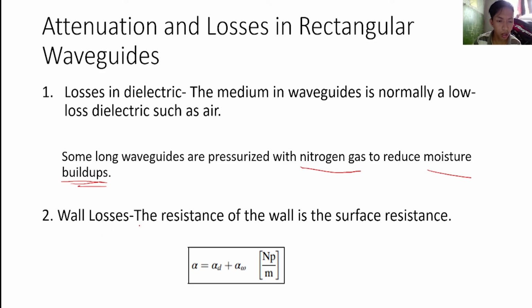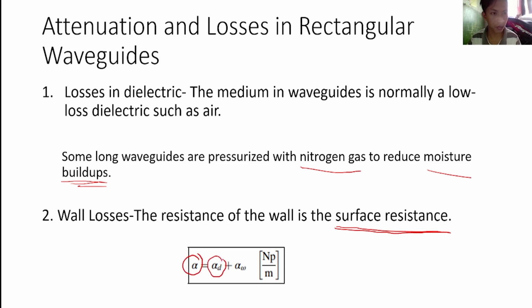Wall losses, the number 2 factor, come from the resistance of the wall, which is the surface resistance. This is the resistance that affects the propagation of the electromagnetic wave. So this is the attenuation.